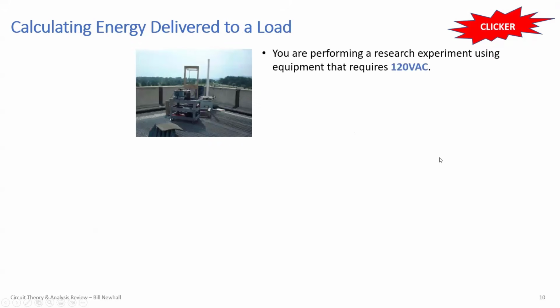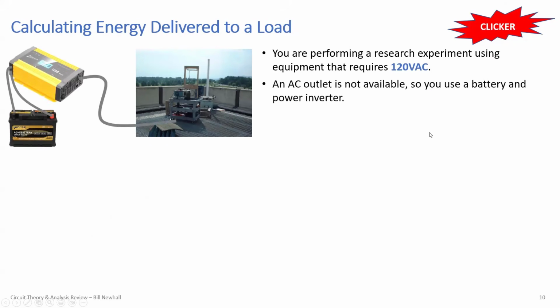Let's talk about energy delivered to a load that we're going to approximate as a resistor. Let's suppose you're performing research and you have this experimental setup and the equipment requires 120 volts AC. Okay, and you don't have an AC outlet available. You have a 12-volt battery, you have a power inverter. We'll talk about these.